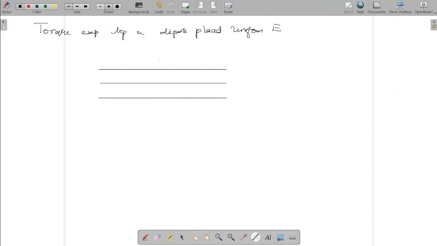You can write it in your own words. Let us consider uniform electric field. E is the electric field. In the uniform electric field, a dipole is placed.